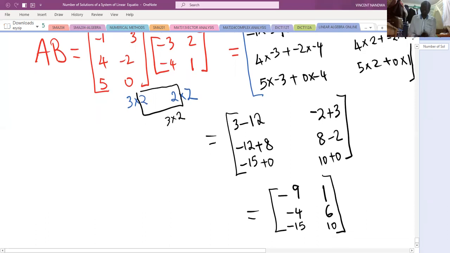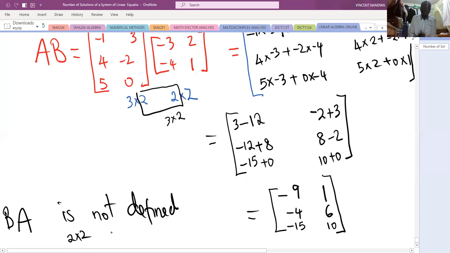But note that BA is not defined, since B was 2 by 2 and A was 3 by 2. So these 2 numbers do not agree. If they do not agree, then you can't define that multiplication. So BA is not defined for this example.